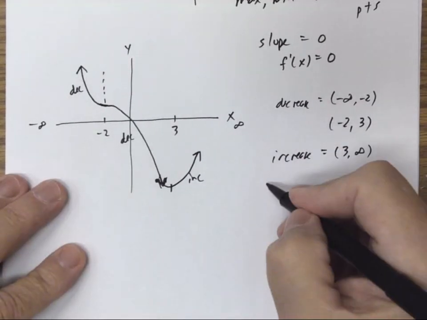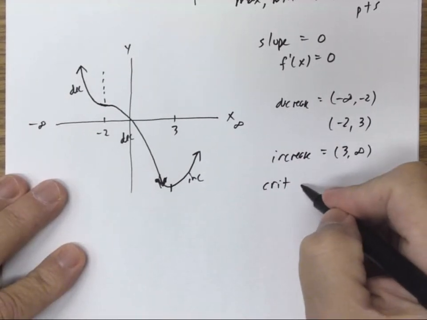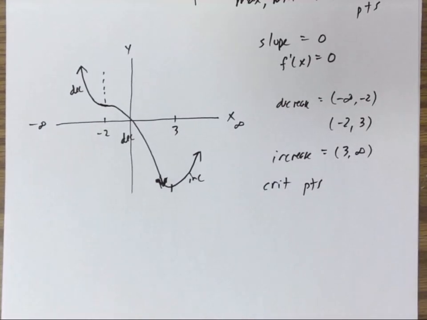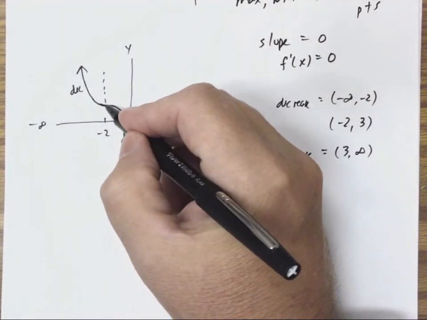Now let's think about the critical points. Once again, in this case, critical points are where the graph flattens out, which is another way of saying where the slope is 0, which also means where the first derivative is 0. So it flattens out right here.